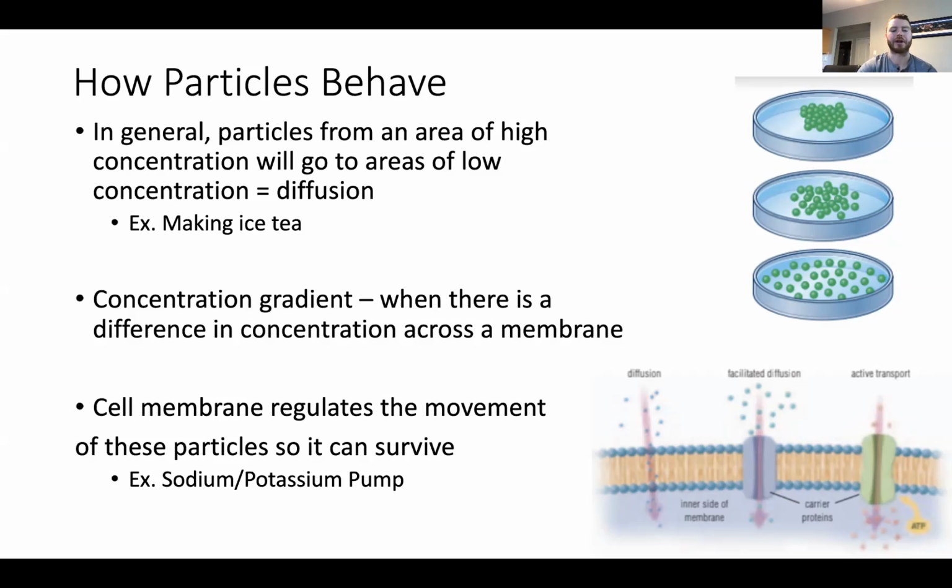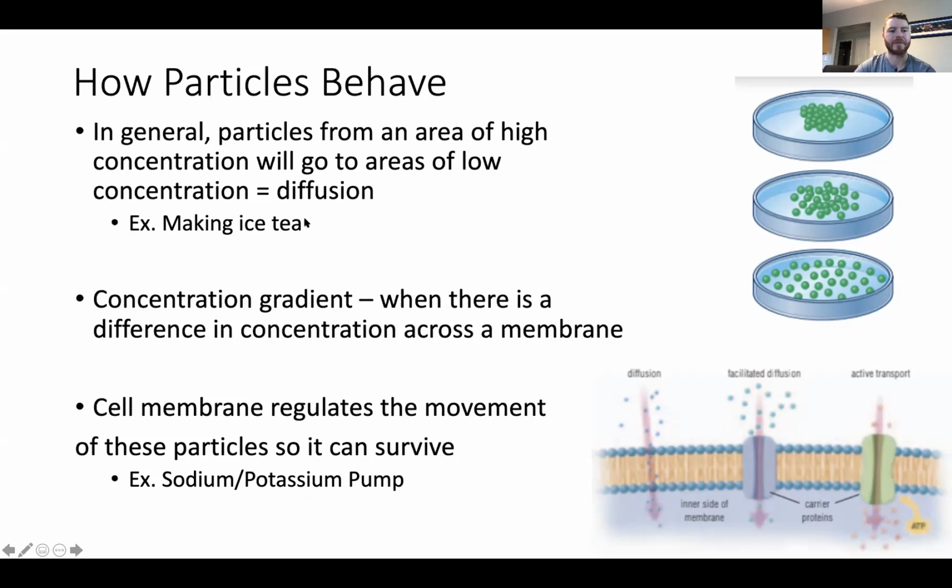Too much sodium is quite damaging to cells, and they are not able to fire or communicate regularly when there's an excess of sodium. So the sodium potassium pump works to eliminate excess sodium in the cell and bring potassium back into the cell, which is another really important signaling molecule.